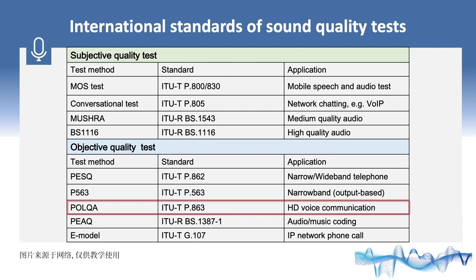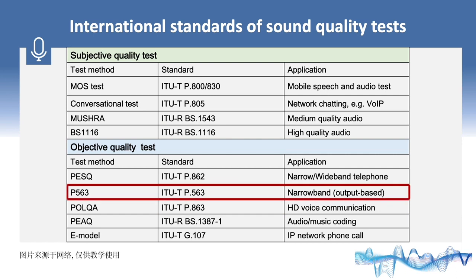Later, POLQA, Perceptual Objective Listening Quality Analysis, was proposed to be a global standard for benchmarking voice quality of fixed, mobile, and IP-based networks. It can be applied for voice quality analysis of VoIP, HD voice, 3G, 4G, VoLTE, and 5G networks.